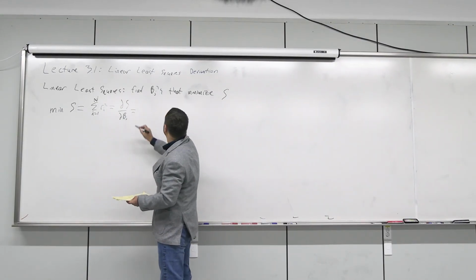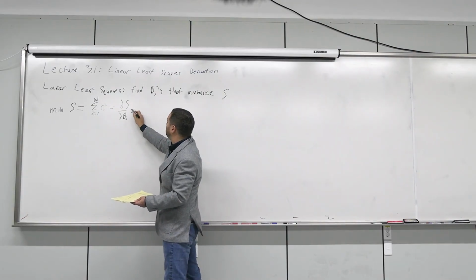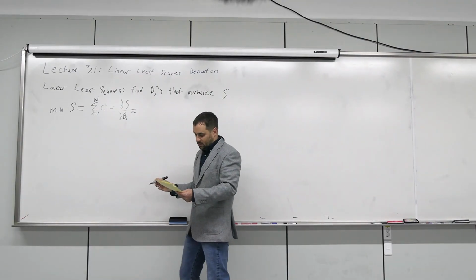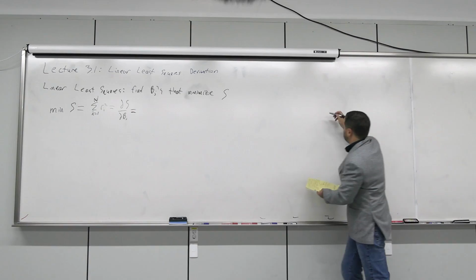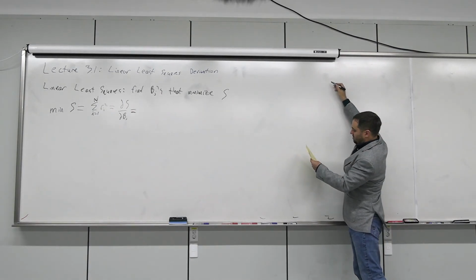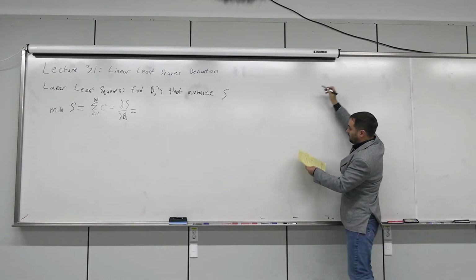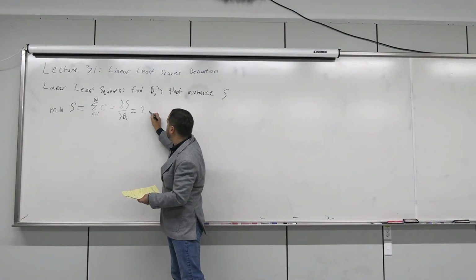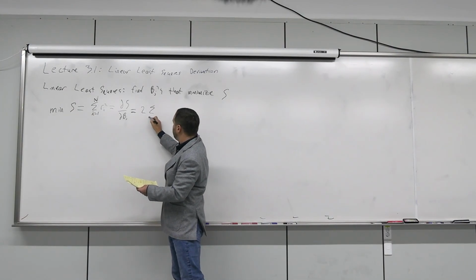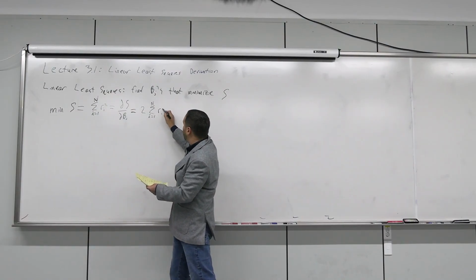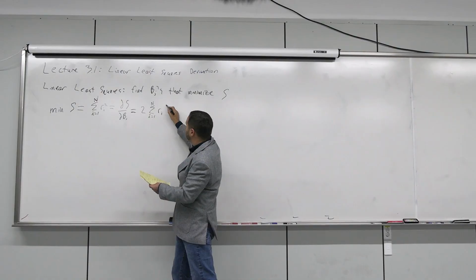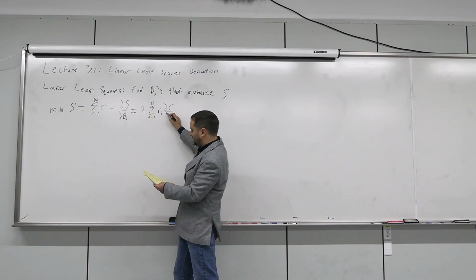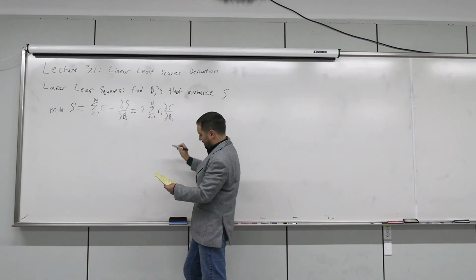And then using our previous definition of s, let me just write out s here again. So this would equal 2 times the summation of i equals 1 to n of r_i times the partial derivative of the residual with respect to beta j.